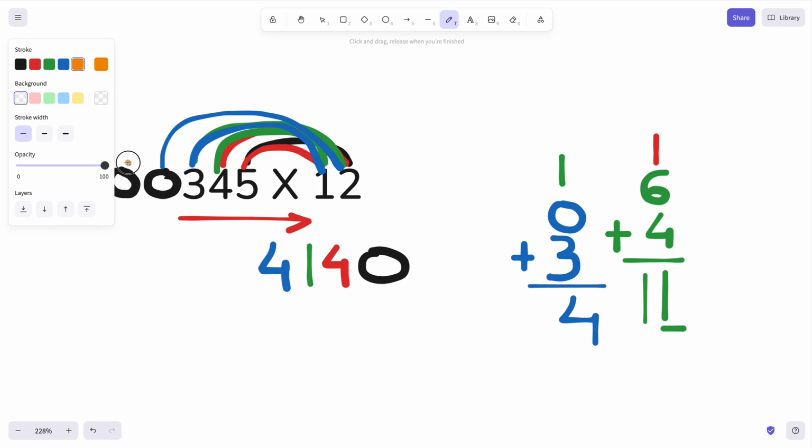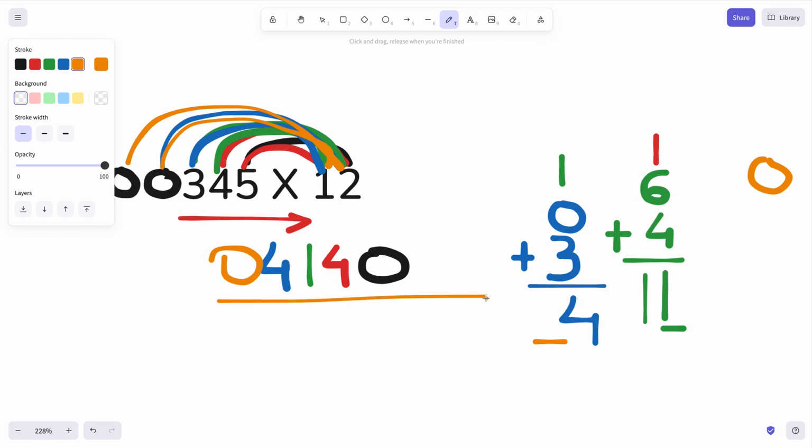Now we move next. 0 2s are 0. 0 1s are 0. So we got 0. And there was nothing to carry over. So this is 0 here. And this is your answer. If you have calculator, you can go ahead and check, and your answer will be the same, which is 345 times 12 equals to 4140.